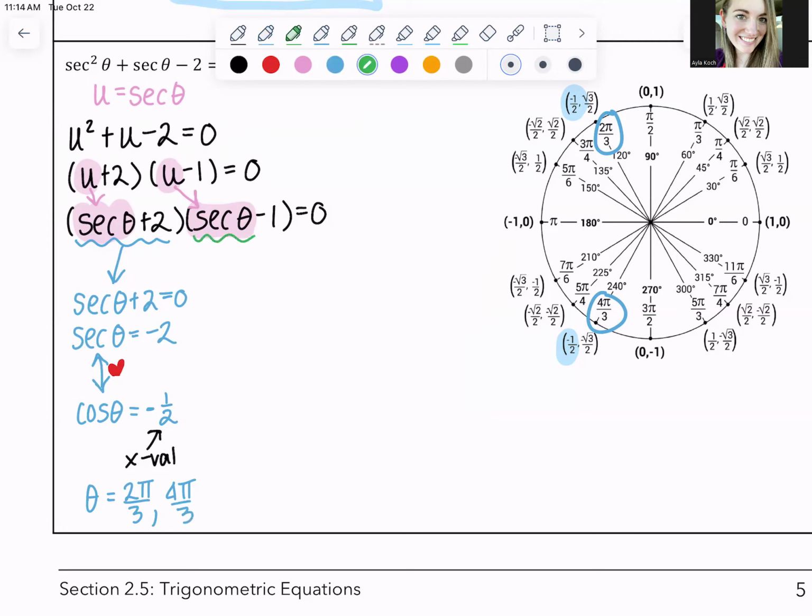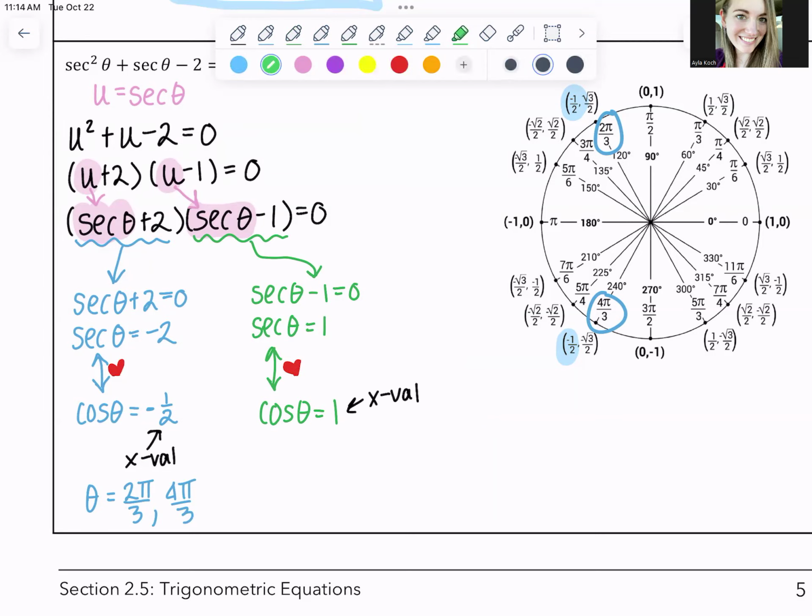For the next equation, we get secant theta minus 1 equal to 0, so secant of theta is equal to 1. Again, soulmates, very important. Do the little heart, make sure that's in your notes. With cosine, the reciprocal of 1 is just 1. We're looking at the x value. So where on the unit circle is the x value 1?